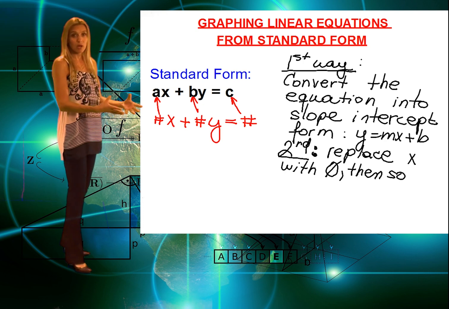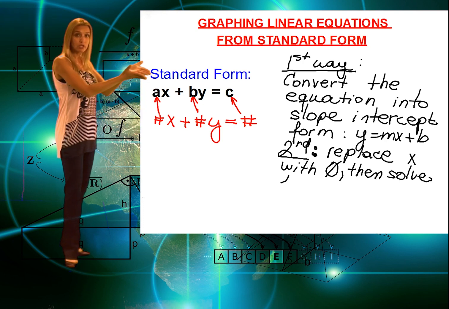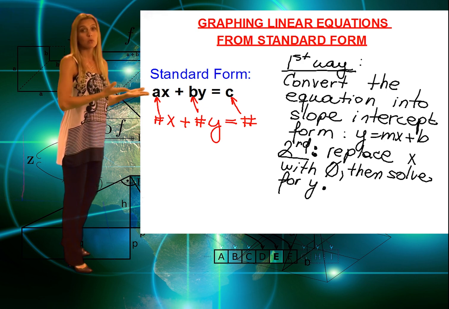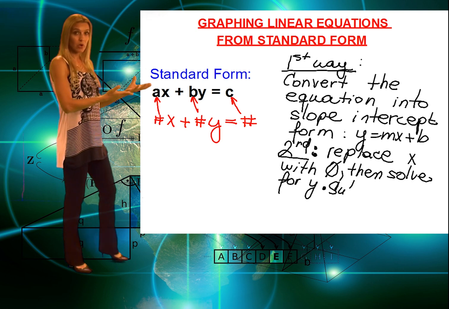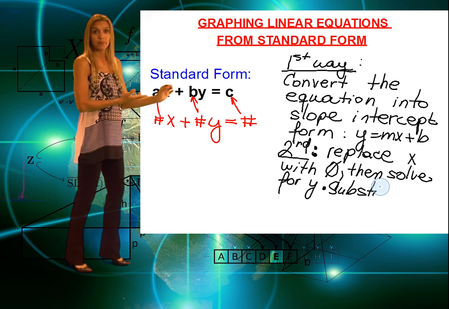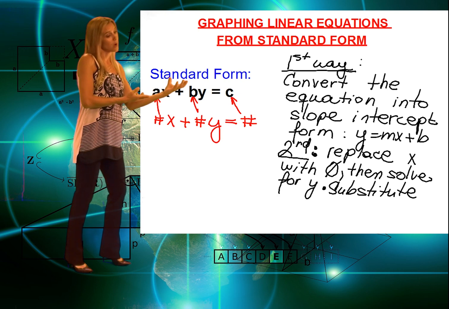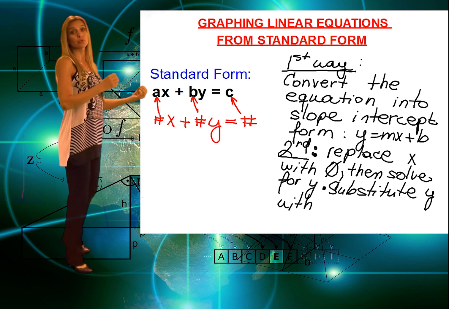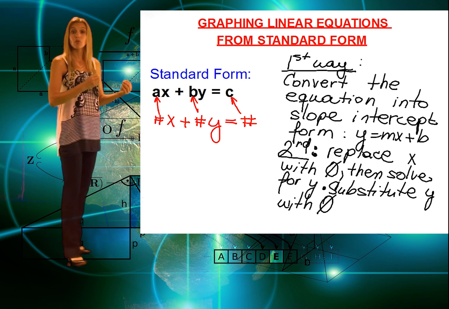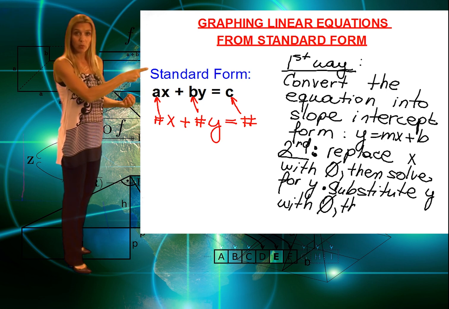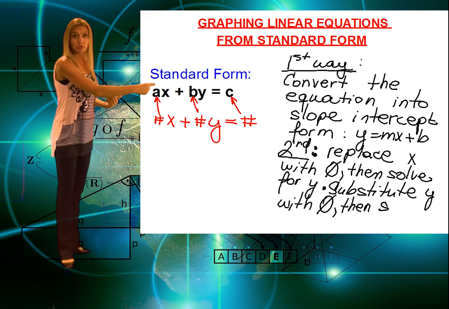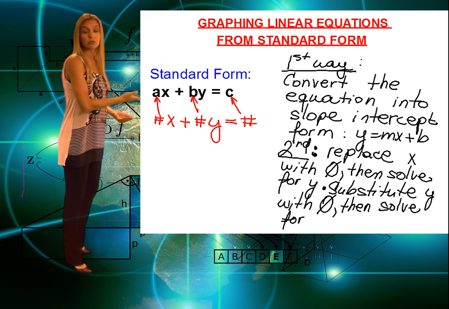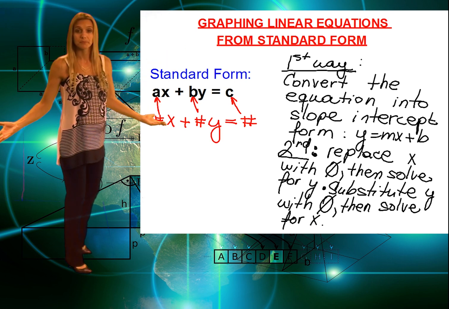Once I have my y, I will go back to the original equation, and I will substitute 0 in for y. And once y is 0, that will disappear. Then I will be able to solve for x. Then I will know what x is equal to, that would be my one point. I would know what y is equal to, that would be my second point, on a y-axis. And then I could connect those two points and I have a line.